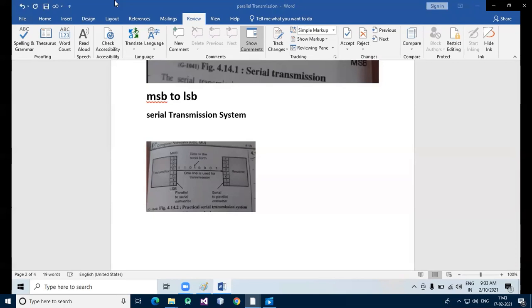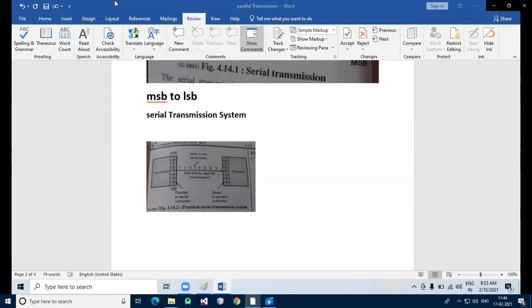To increase the speed of data transfer, it is necessary to increase the clock frequency. So these are the disadvantages.